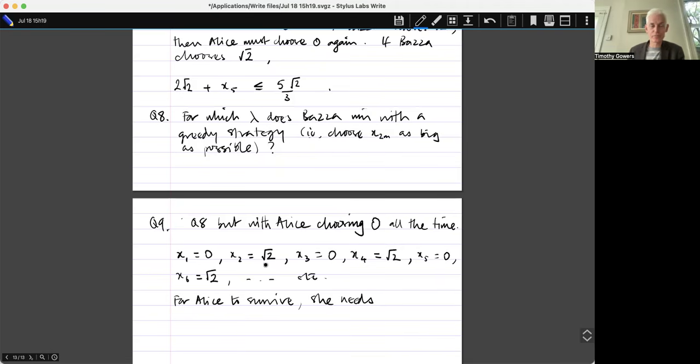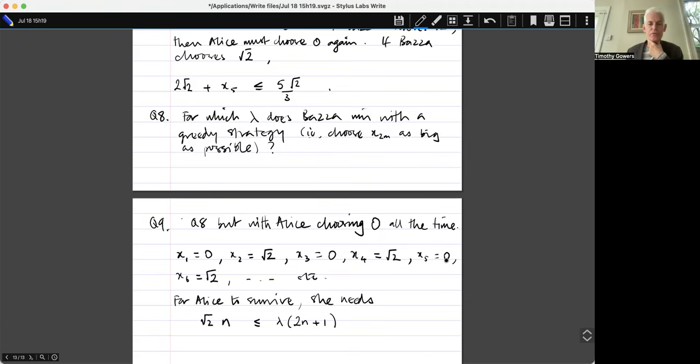We have that the sum of all these numbers is root 2 times n, and that has to be less than or equal to lambda times 2n plus 1. I'm not quite sure, I want to check whether I got that correct.